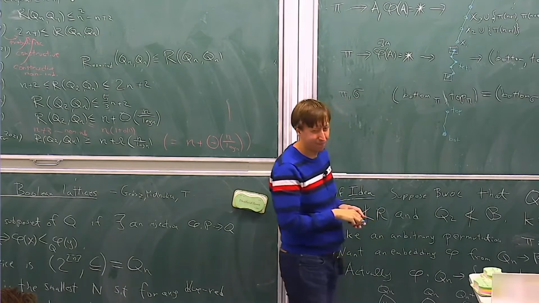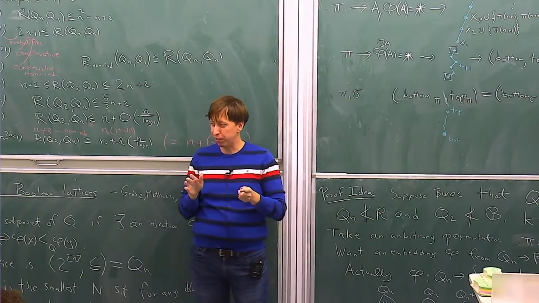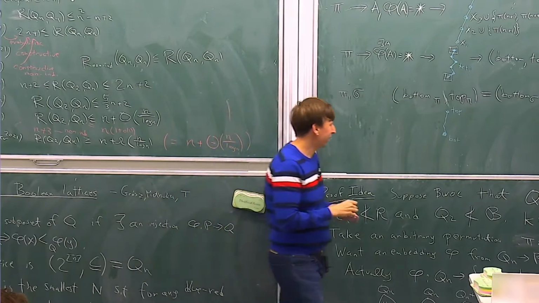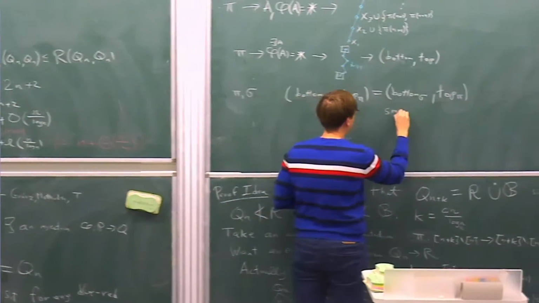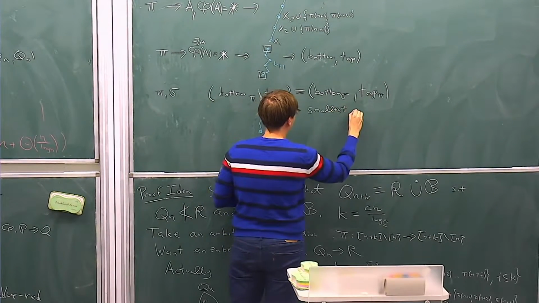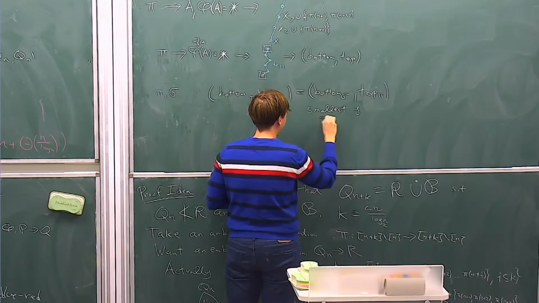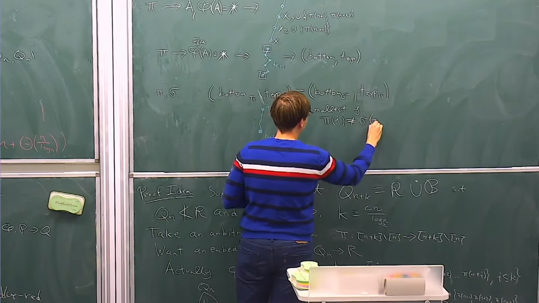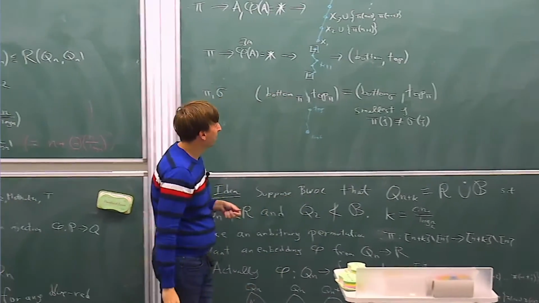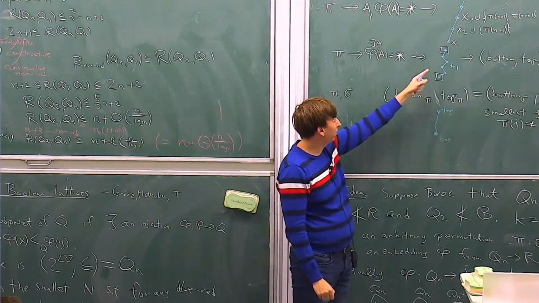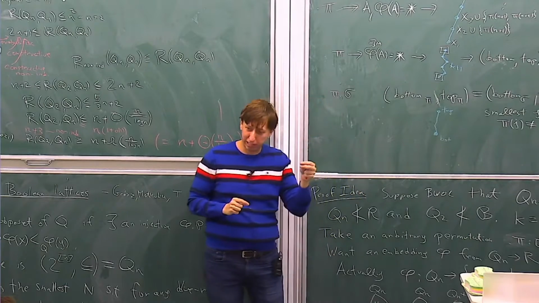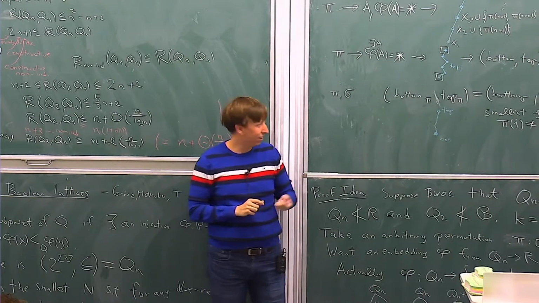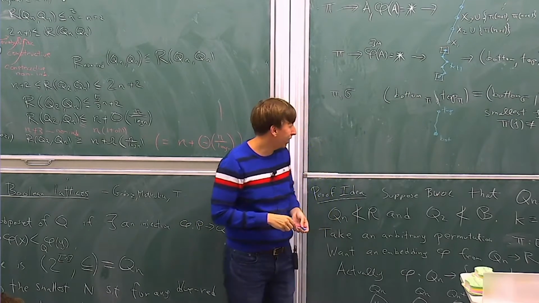But let's look at the first position in which pi and sigma differ. So take the smallest j, let's say, so that pi j does not equal sigma j. Okay? And look at the structure of these chains: we're taking supersets among the first n elements, but then we're taking just increasing intervals along this permutation.